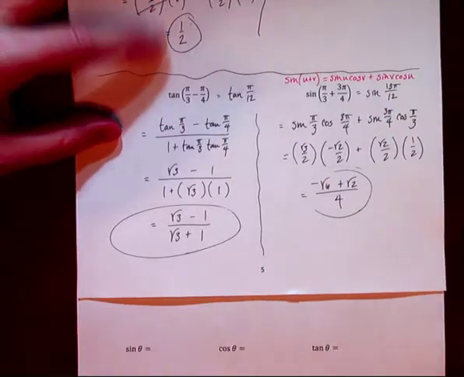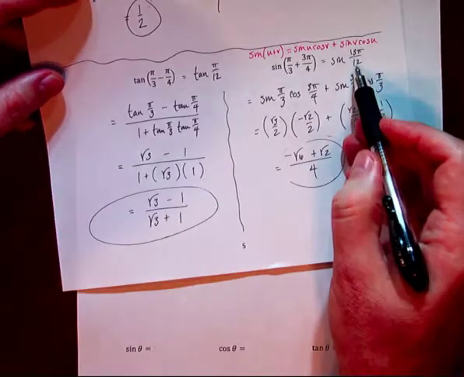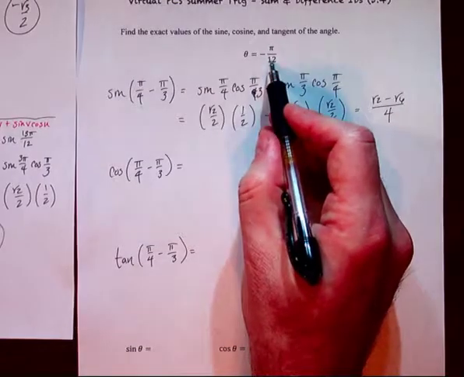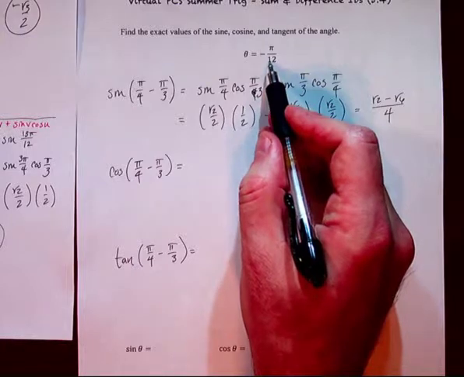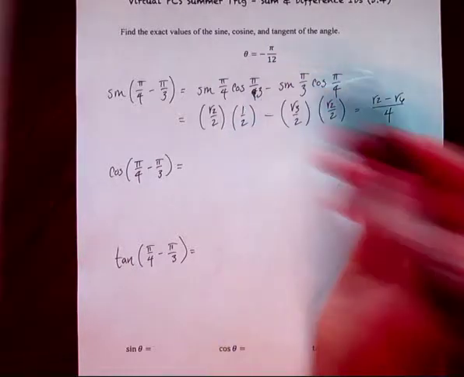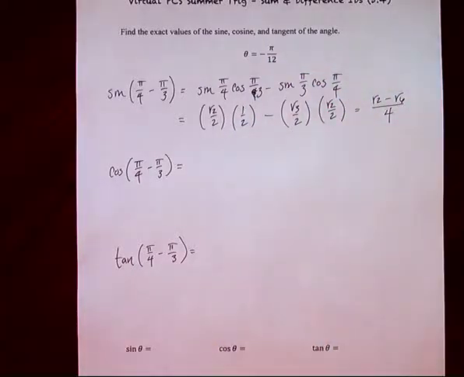And so on the unit circle, both 13 pi over 12 and negative pi over 12, or if you want its coterminal, 23 pi over 12, would be the same vertical displacement into the negative. Just one would be in the third quadrant and one would be in the fourth.